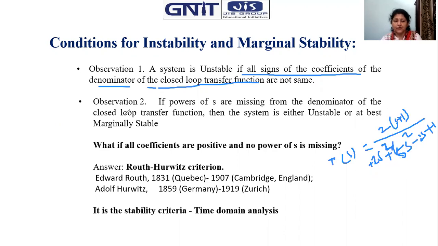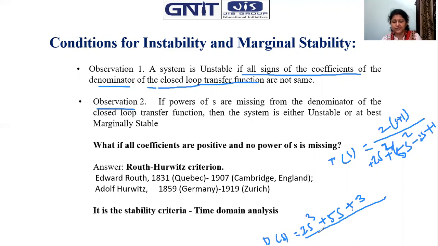Now, what is observation 2? Observation 2 is if the powers of s are missing. That means suppose this denominator polynomial has 2s cube, and instead of 5s squared, we have 5s plus 3. This is the denominator polynomial as a function of s.